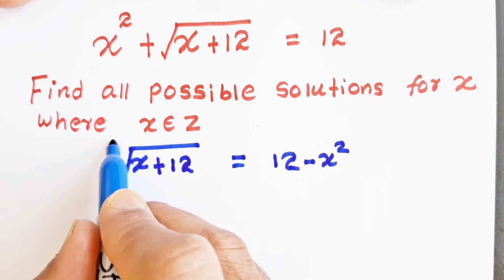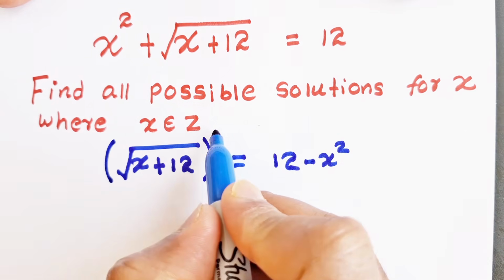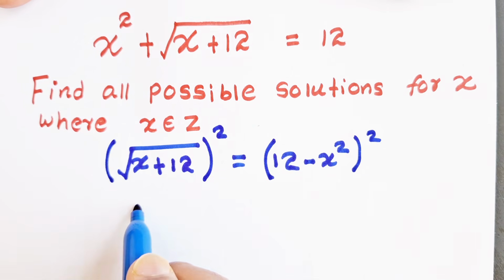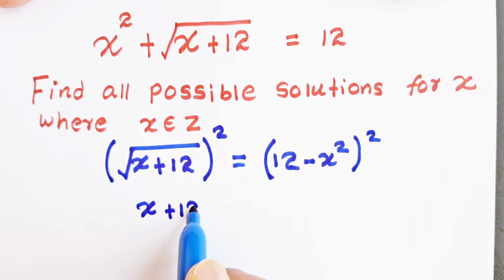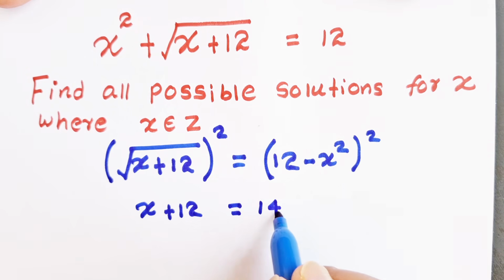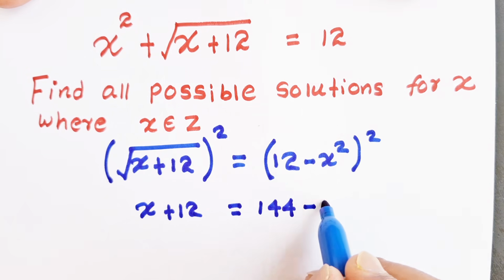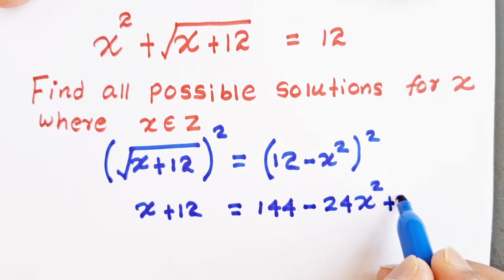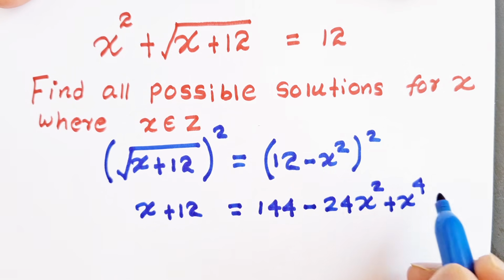Now if you square both sides, then on the left hand side you have x plus 12, equal to the right hand side, which will be 144 minus 24 times x squared plus x to the power of 4.